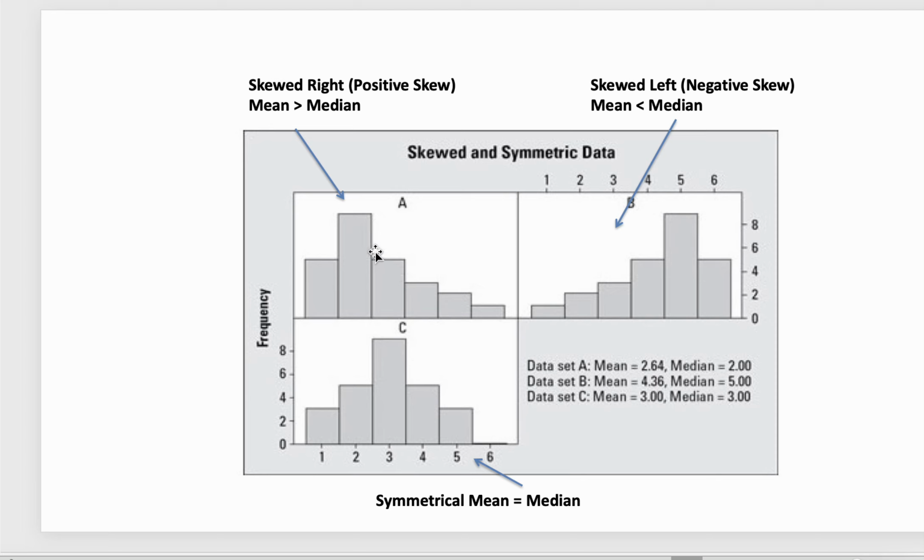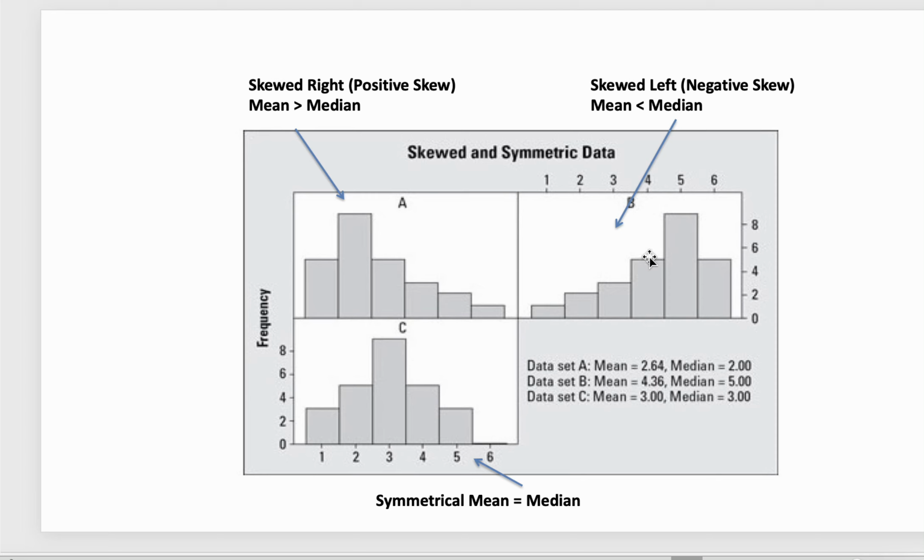And the median is going to be over here because it's interested in cutting the data 50-50 in terms of area. So this is important. If it is skewed to the right, it does matter. The mean will be bigger than the median. So if you have a data set that is skewed to the right, you're going to prefer the median because the mean is going to be misleading.